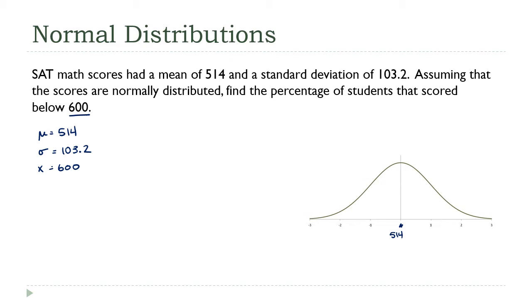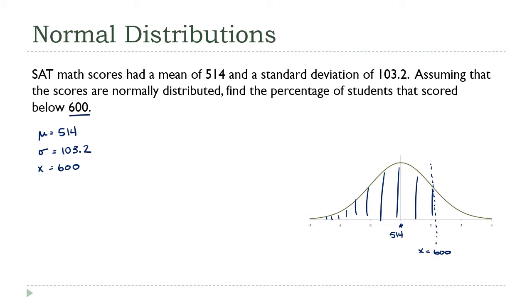That's over here somewhere. You don't have to be super precise. What I really care about is getting it on the right side of the mean. X equals 600 is greater than the mean, so that's the side I need to be sure I get it on. And I want scores below that, so that's this area here, and that's excellent because that's what I get from the table.